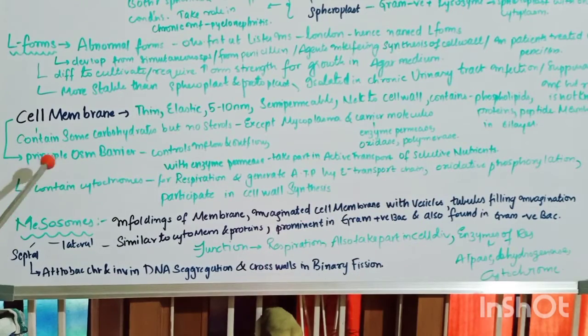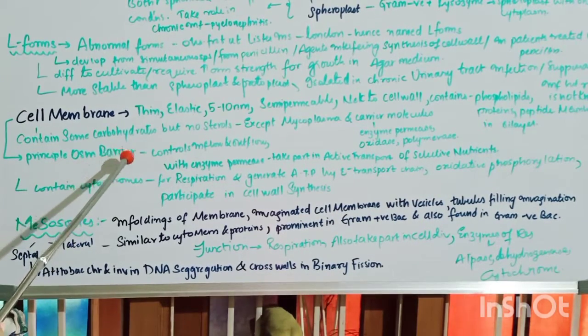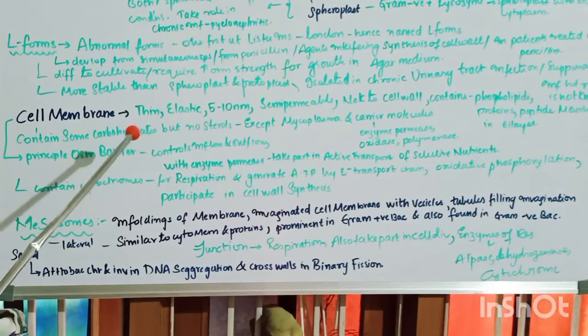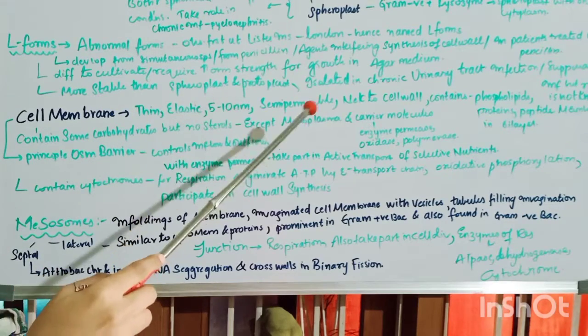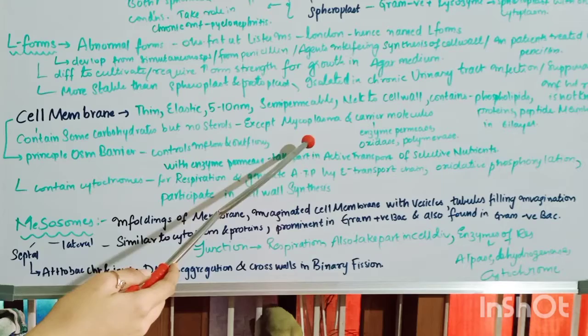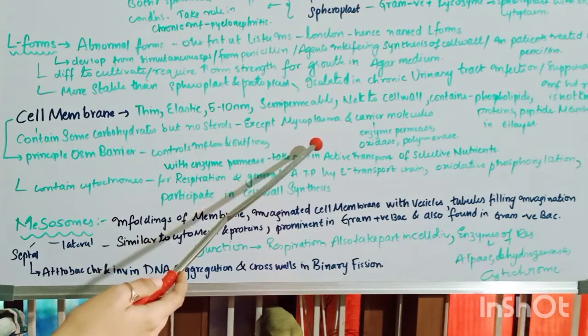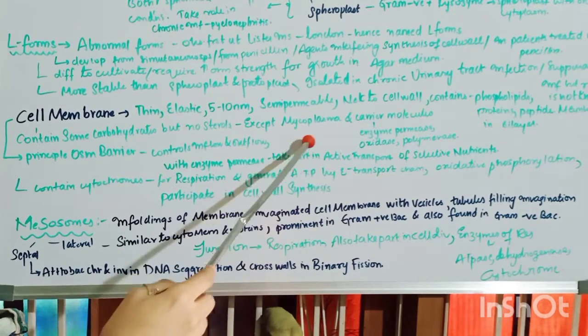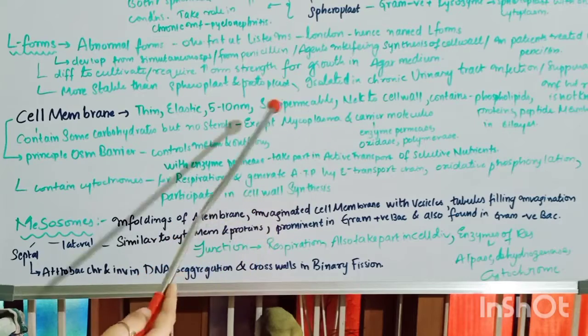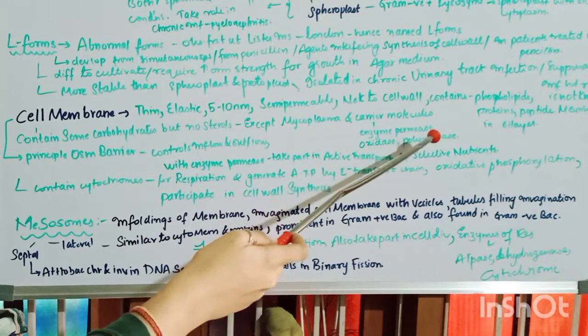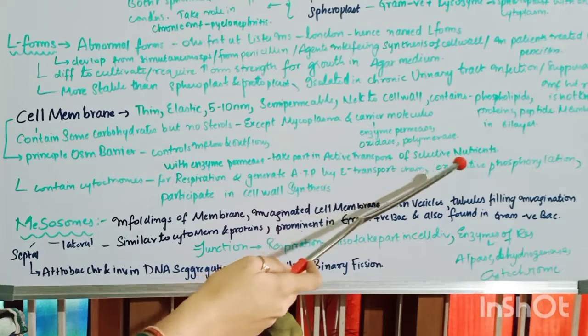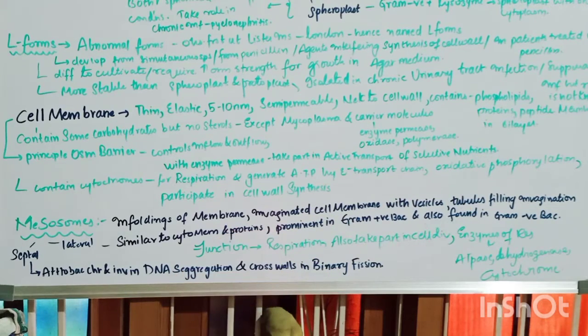This cell membrane contains some carbohydrates but no sterols, except in mycoplasma. As mycoplasma has sterols, it doesn't have a cell wall. So this is important to remember. And the carrier molecules also don't have any sterols, such as the enzymes permease, oxidase and polymerase. So this is about the cell membrane.